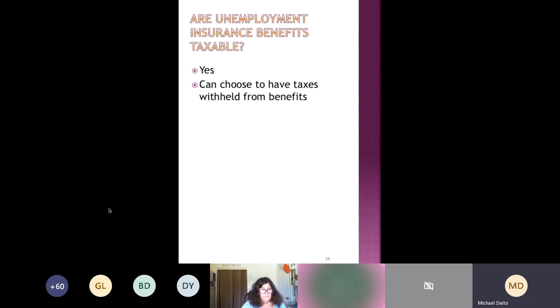So particularly during this time when people are going to be able to get unusually high amounts of unemployment benefits, it's important for them to have a plan in place to be able to pay the taxes on those benefits, because it's not like a paycheck where your employer is taking money out of your pay. If you don't ask the state to take money out for taxes from your unemployment benefits, then you're going to have to pay the full amount of taxes at the end of the year out of whatever you have left.